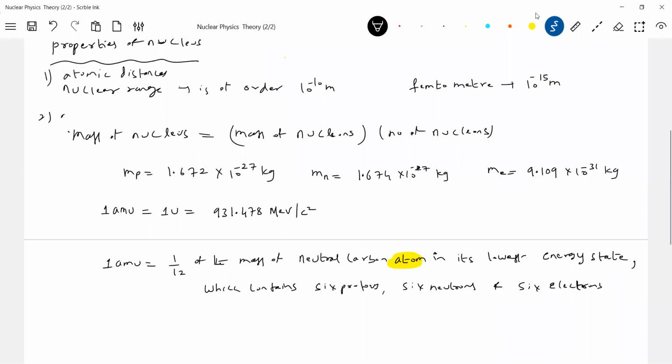The second one is atomic mass. So we are designing new units ourselves because we are dealing with subatomic particles where the separation between them is of a very small order. So one unit is the femtometer. Then there are tiny particles, so we can't use kg in calculations. Better to bring in AMU.